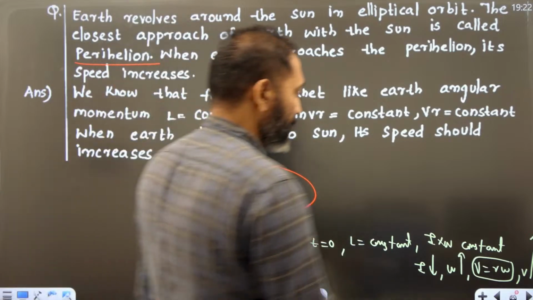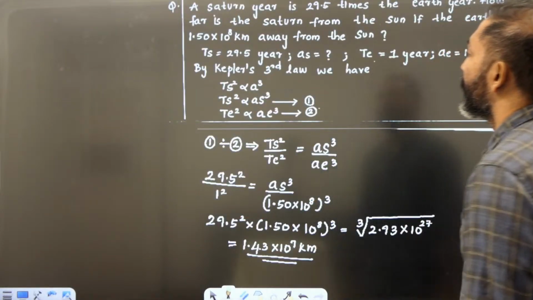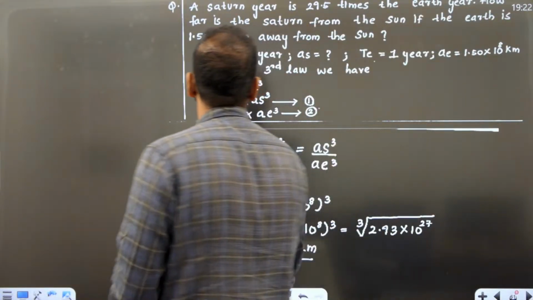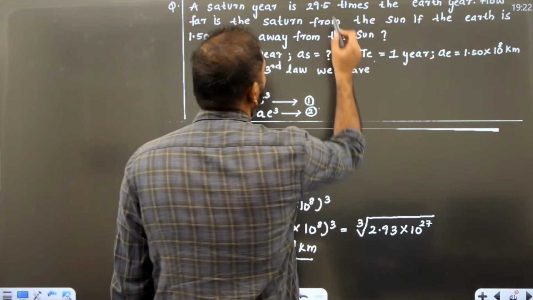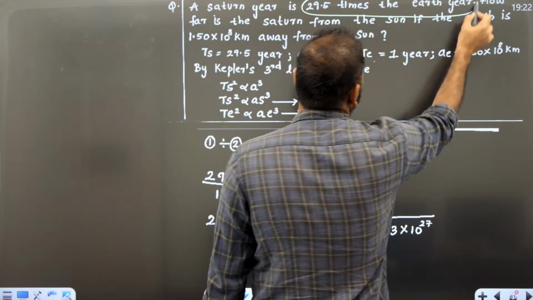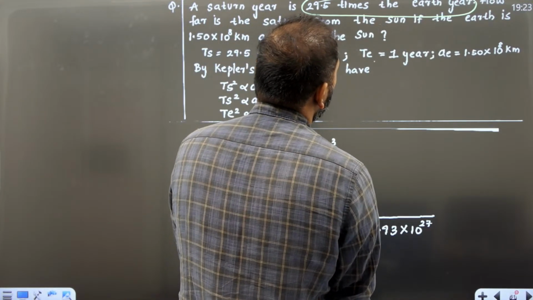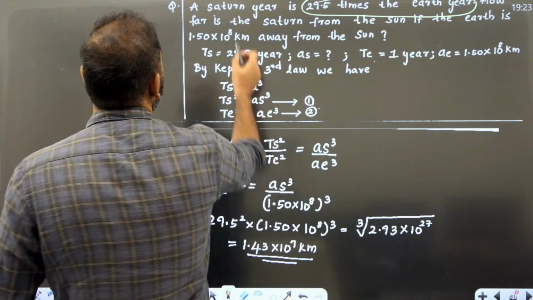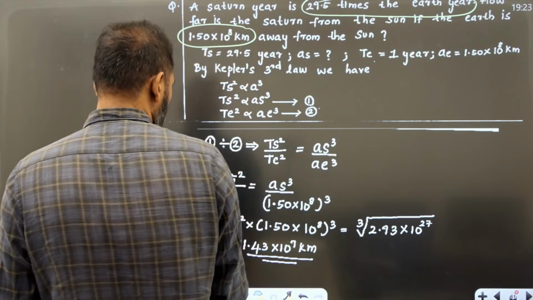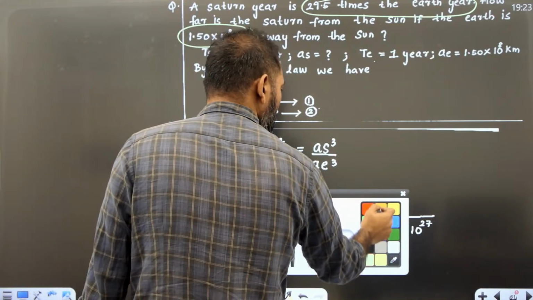Done, right? So next problem. Next is a lengthy problem. A Saturn year is 29.5 times the Earth year. How far is Saturn from the Sun if the Earth is 1.5 into 10 raised to 8 kilometer away from the Sun? It is based on Kepler's law.